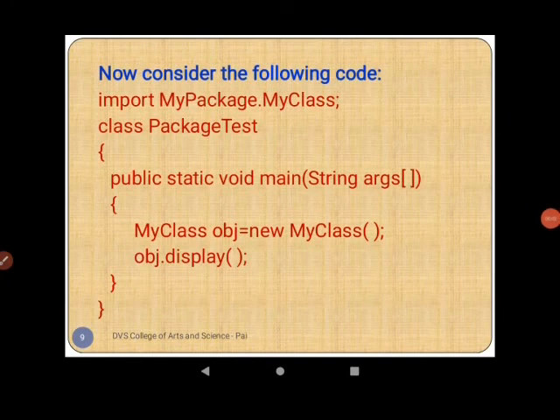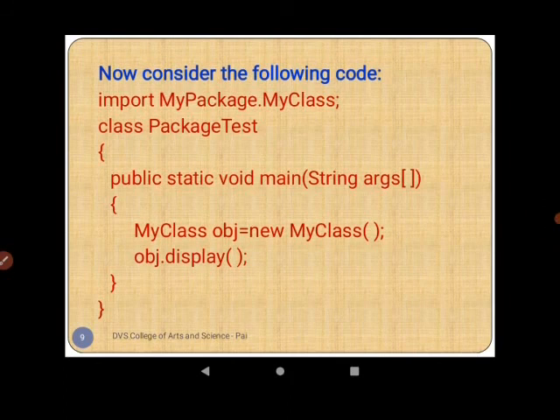Now create one more file with the following code and save it as package-test.java within the Java bin directory. Now package-test is your main class. Look at the statements one by one.